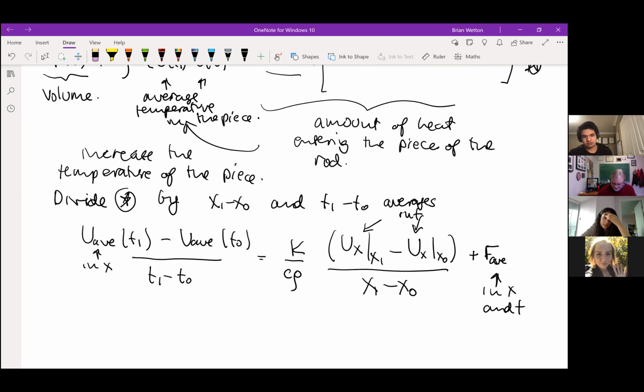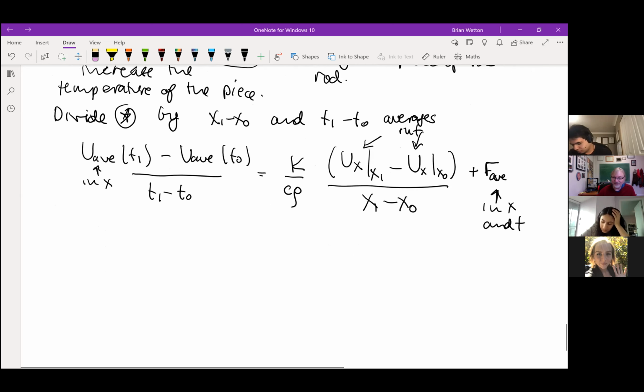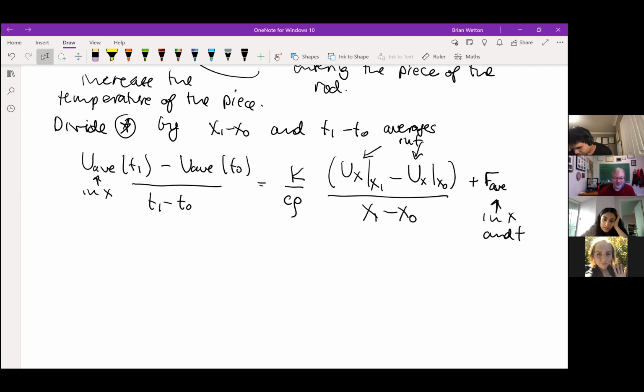And then, of course, once you see this, we've gone down this path before. You know that I'm going to take the limit. T1 goes to T0, x1 goes to x0. The average things get averaged over smaller and smaller intervals and collapse to a single value. And the differences here turn into derivatives.